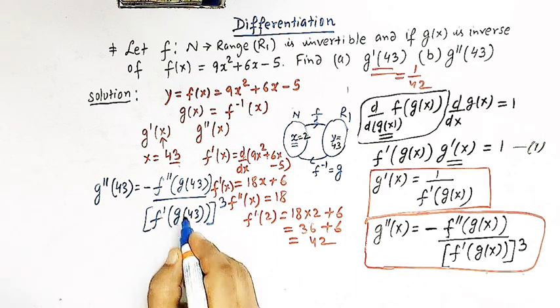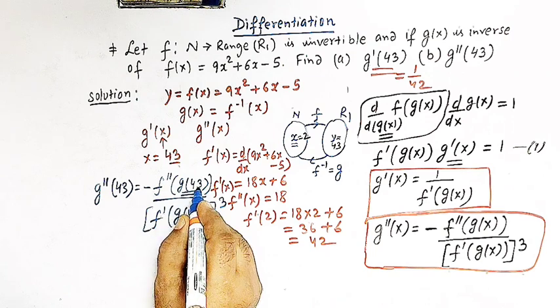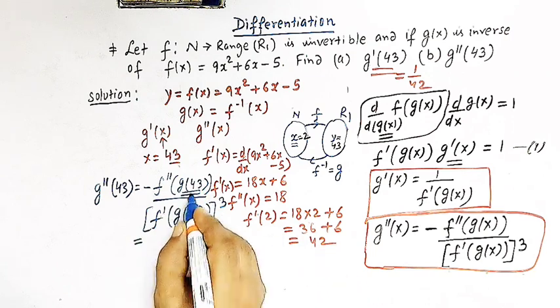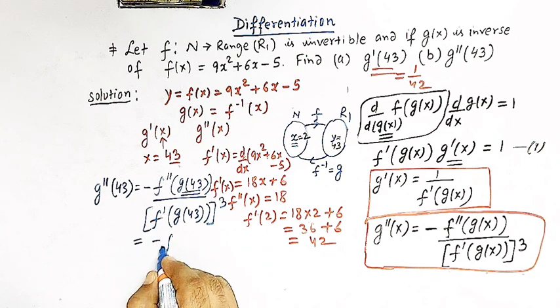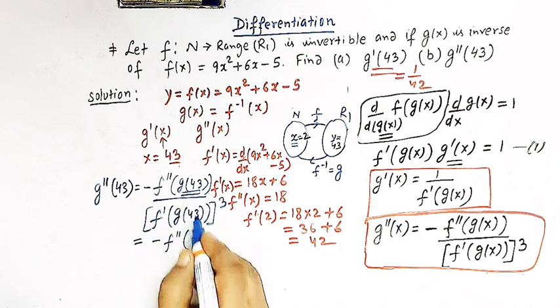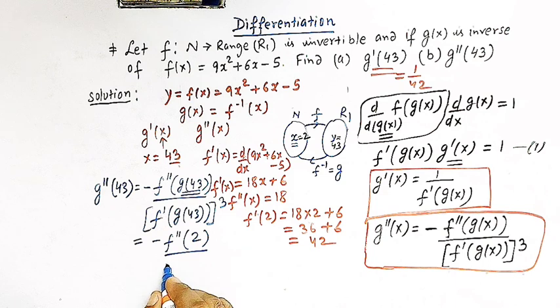Okay, so now g(43) is equal to 2. So we can now write f″(2) in the numerator, and f′ of g(43), which is 2, cubed in the denominator.